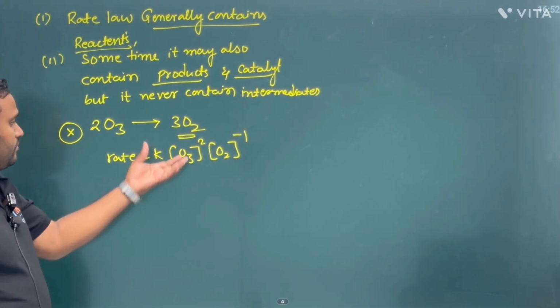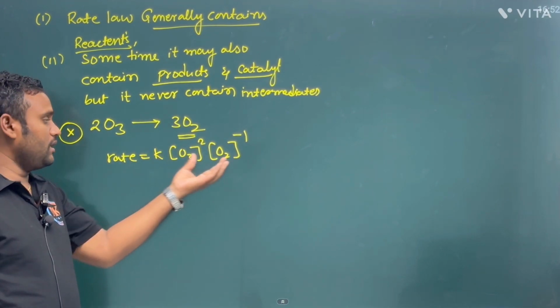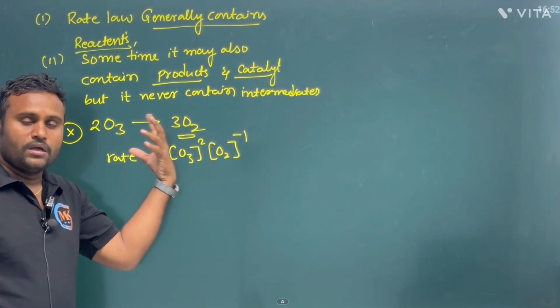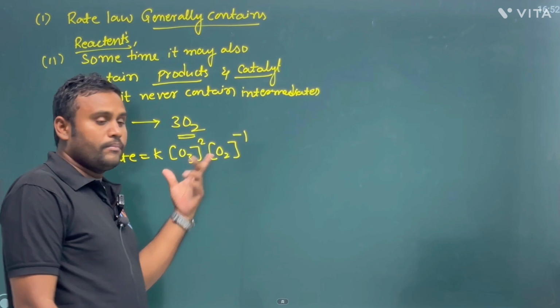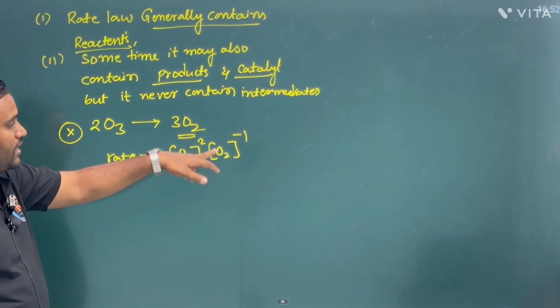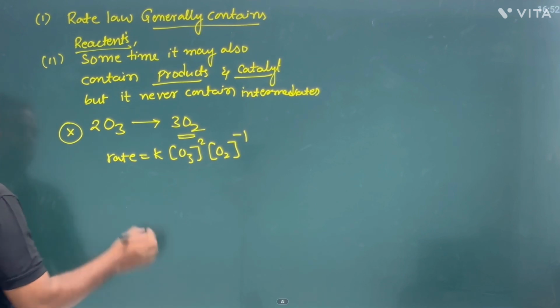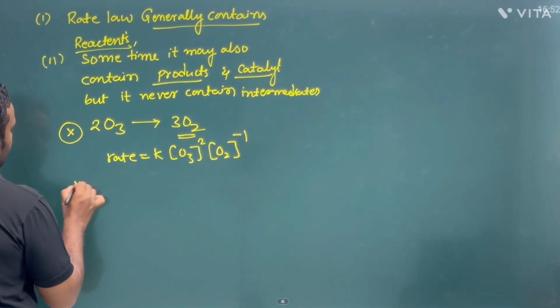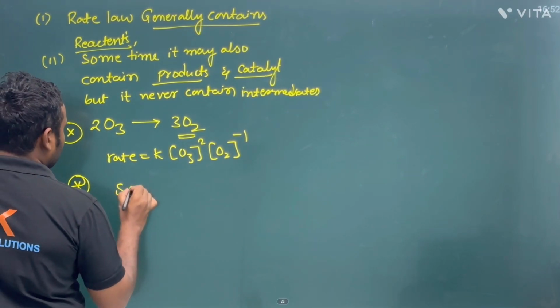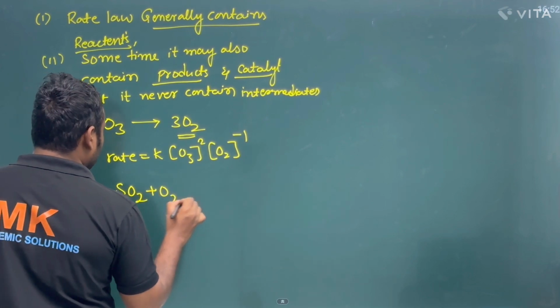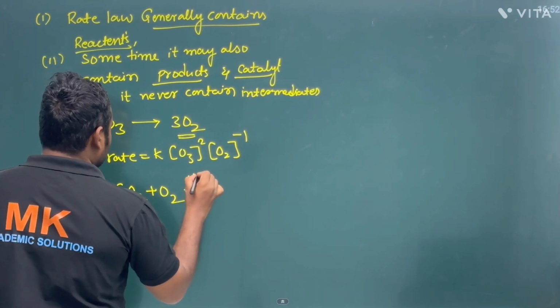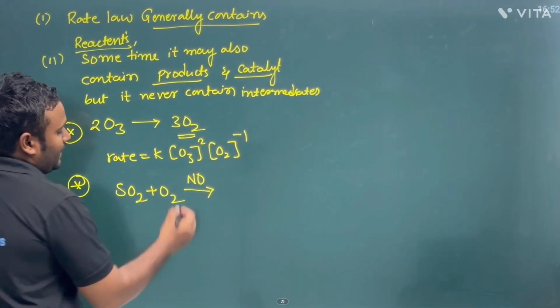So this rate equation contains the product. Means the order of reaction also sometimes depends on the product also.